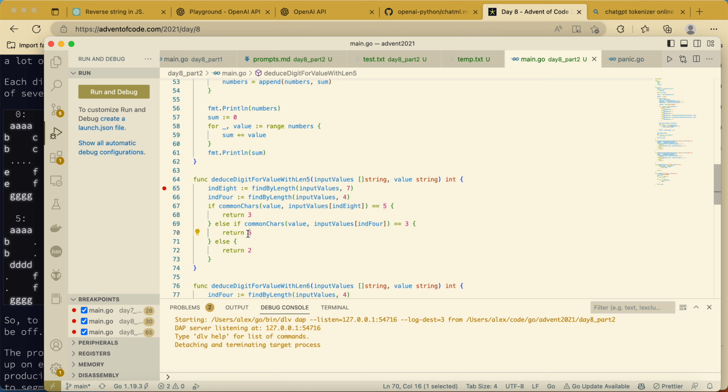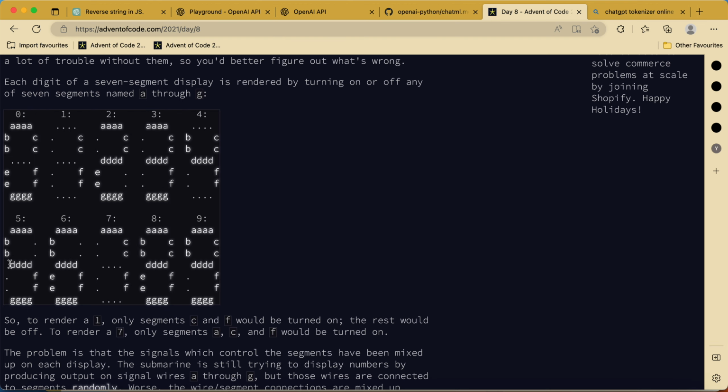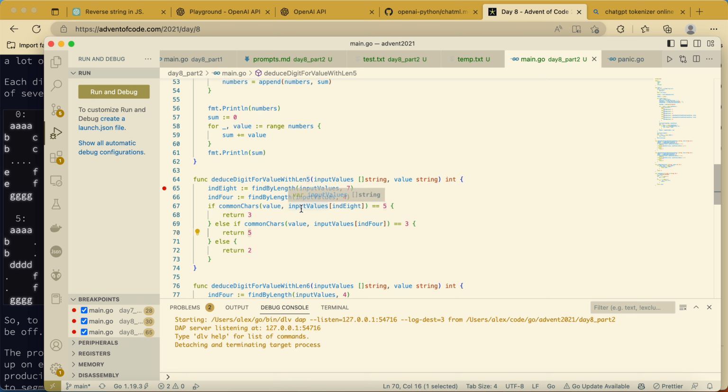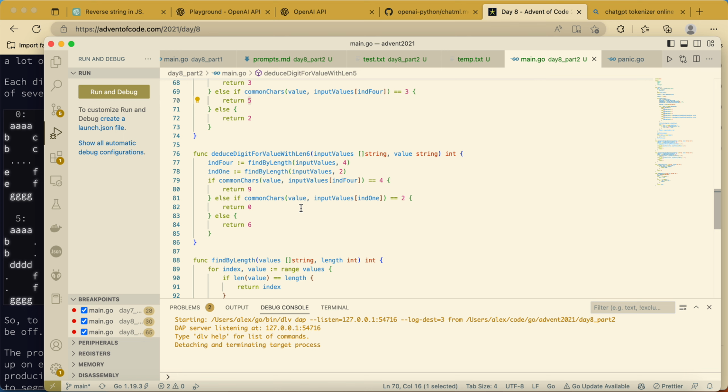If we look at 5, we are trying to compare 5 with 4, because we know this one will have 3, this one will have 3 in common, and this one will have 3 in common when we compare with 4. And this logic is totally wrong.